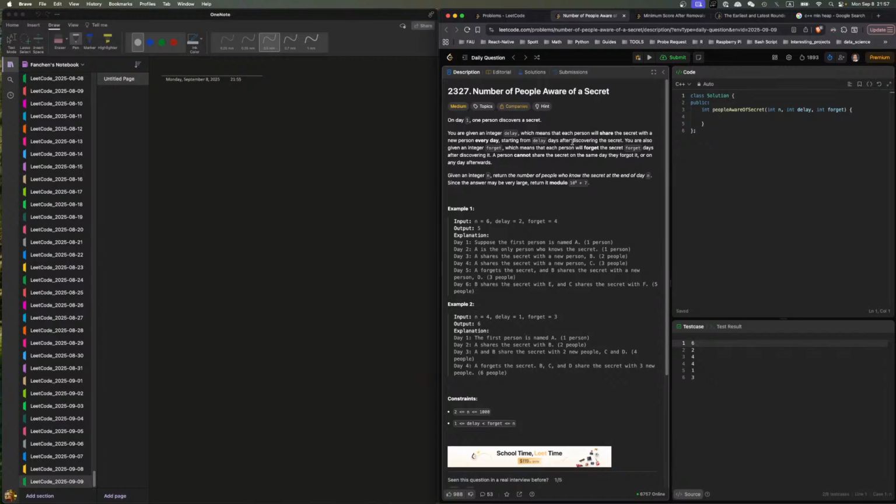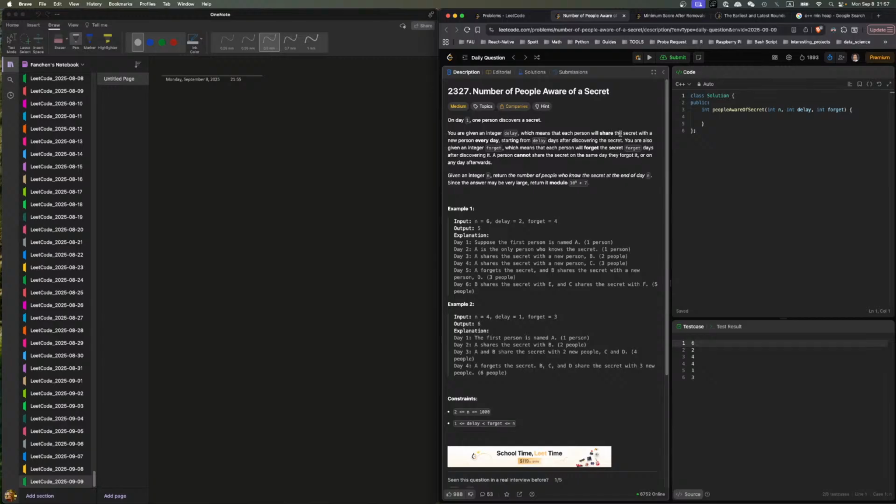You're also given an integer forget, which means that each person will forget the secret forget days after discovering it. A person cannot share the secret on the same day they forget it, or on any day afterwards. Given an integer n, return the number of people who know the secret at the end of day n. Since the answer may be large, return it modulo 10^9 + 7.